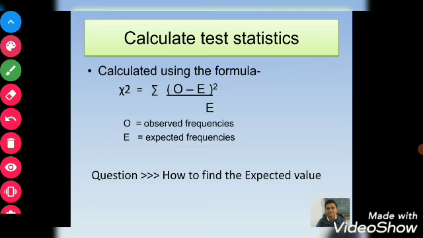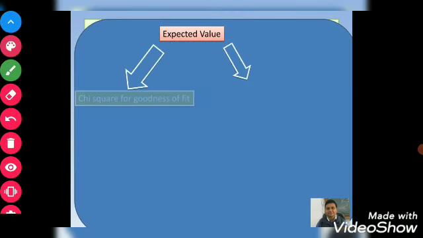So now how to find the expected value? Here you can see the observed frequency, which you will observe. But how to find the expected value? If you are dealing with chi-square, there are two conditions. First is the goodness of fit.